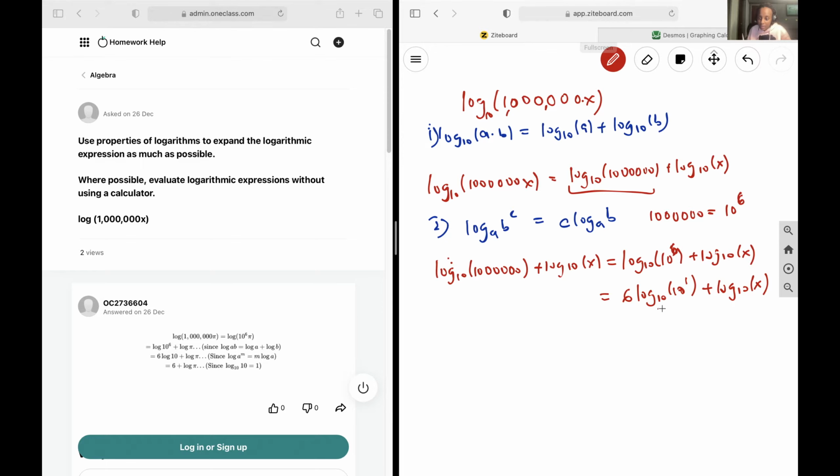And you know that when the base matches the number in here, then our answer will become the exponential. So log base a to the power of c is simply equal to c, that is another property.